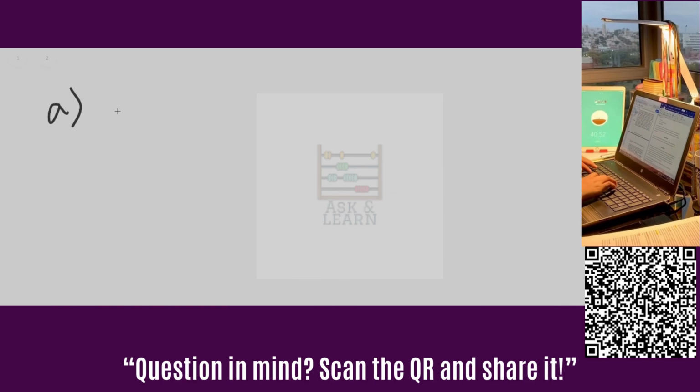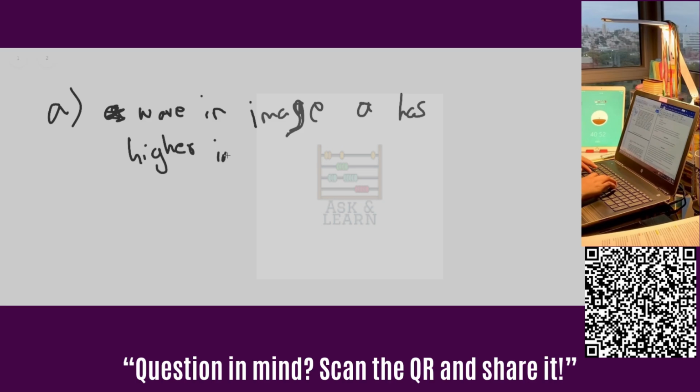For question A, the wave in image A has higher intensity because it has a high amplitude.